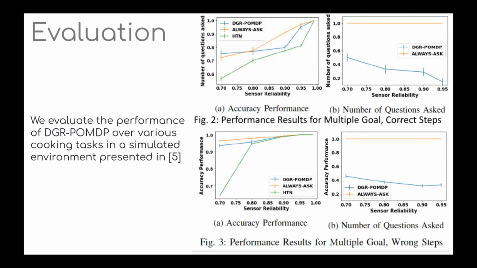Ignore the side titles, those are a little incorrect, but you can see over here in the accuracy performance, in both of our cases, our blue line is better than the baseline, which is HTN without the language feedback, and it is very close to the orange line, which is always asking for feedback. So we are as accurate as the always ask baseline, and we are able to do that while, as the left column shows, asking way fewer questions than the always ask baseline.